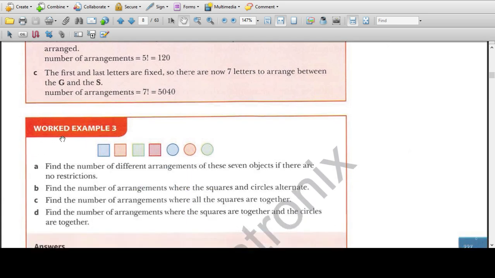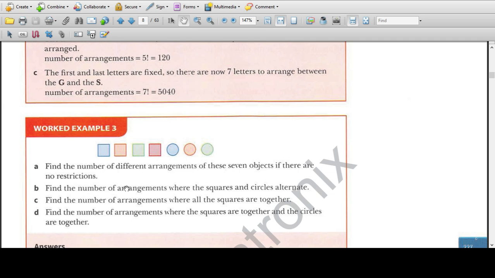Similarly, for this worked example, we have 4 squares and 3 circles. Find the number of different arrangements of these 7 objects if there is no restriction. When there is no restriction, there are 7 factorial.